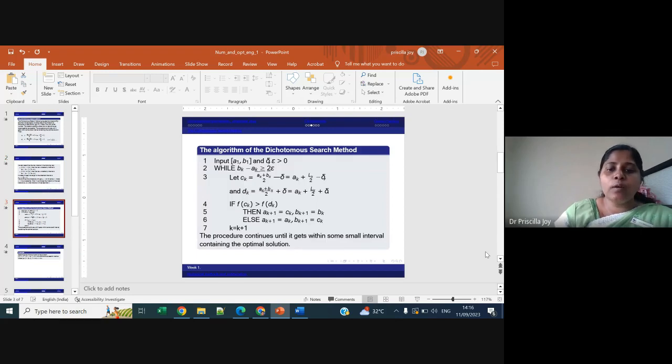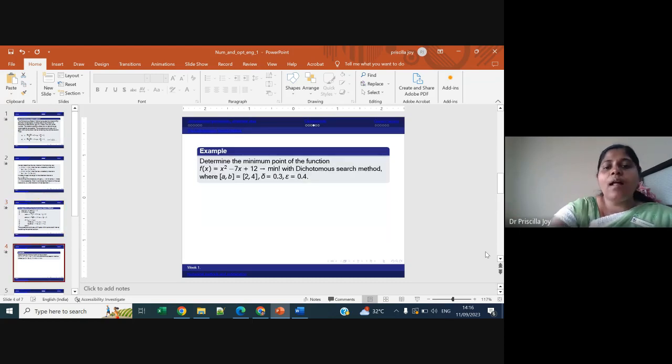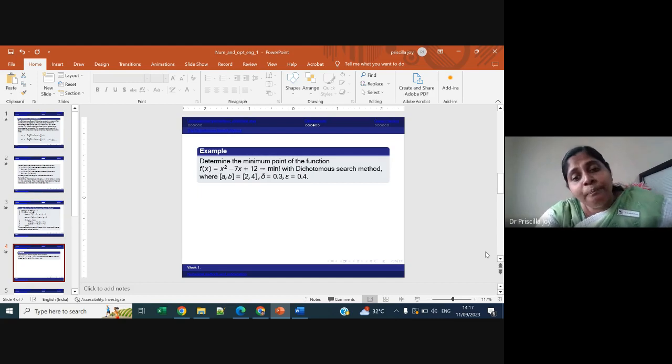So this is the algorithm, the same thing projected as an algorithm. And here is the problem which we will be dealing with for finding the optimal solution using the dichotomous search method.